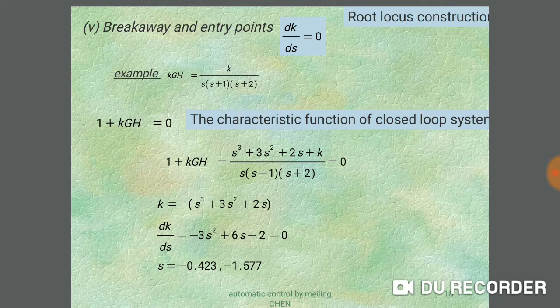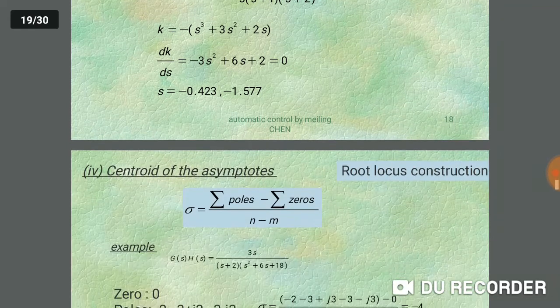With the help of the root formula, s equals minus b plus or minus root of b squared minus 4ac, divided by 2a, we can find the roots of that equation. The roots are s equals minus 0.423 and minus 1.577. These two are the breakaway and entry points.